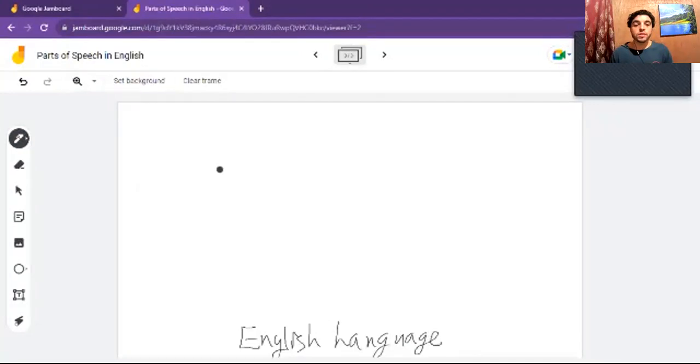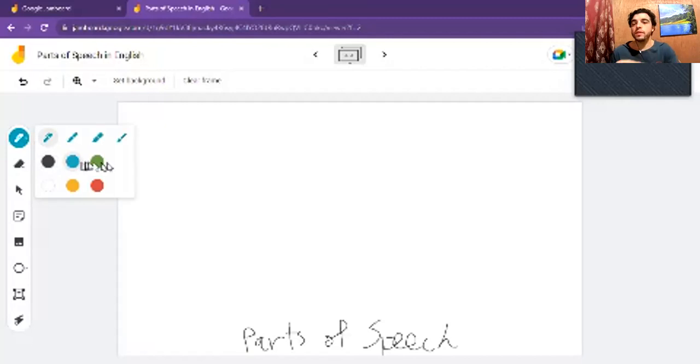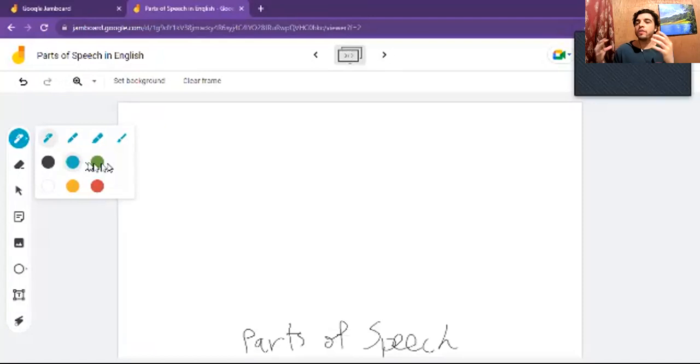Maybe I should type it as parts of speech. I think that makes more sense. The best way to think about how these parts of speech, their importance and how they relate to each other, I'm going to demonstrate with a little diagram.